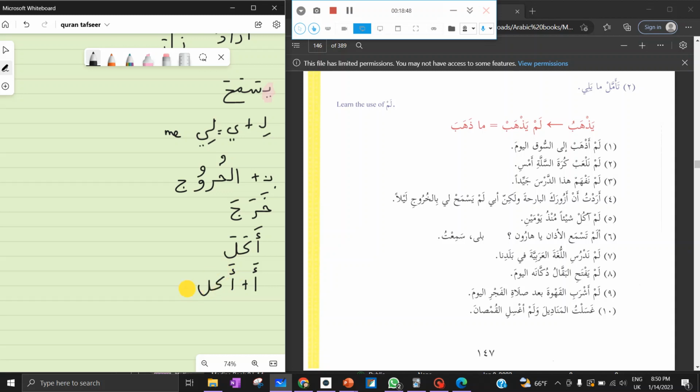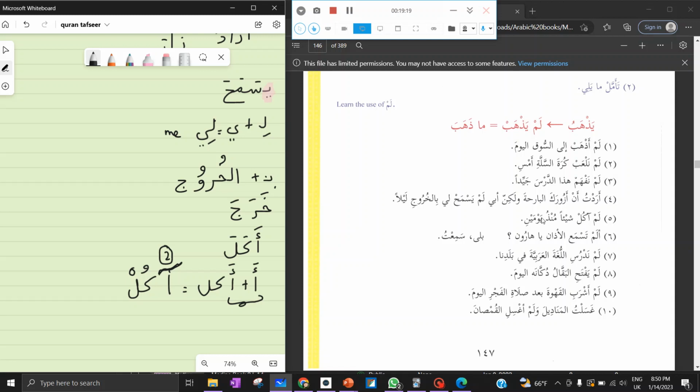When two hamza comes, it joins and become one hamza with a long mad. That means it has a 2 count. So you will say akul. Since it has a harf nafi or datul jazm here, that's why lam has a sukun. So you will say lam akul shayan. I did not eat anything.